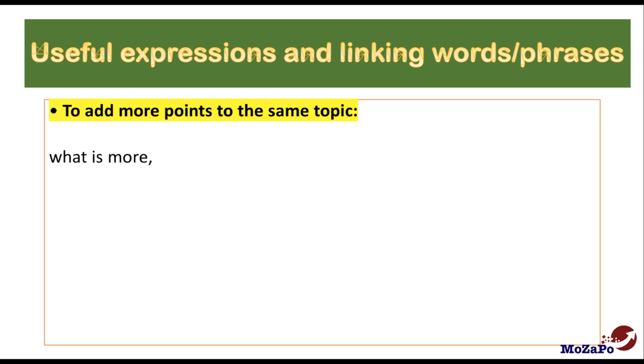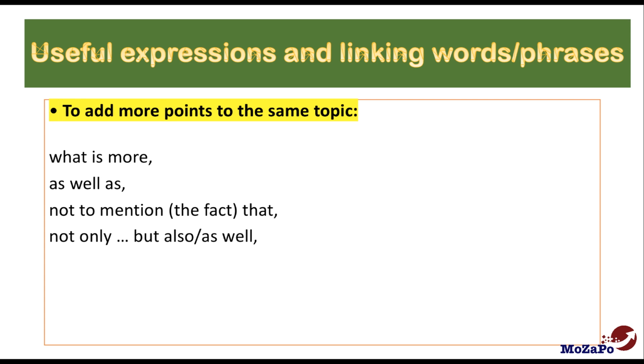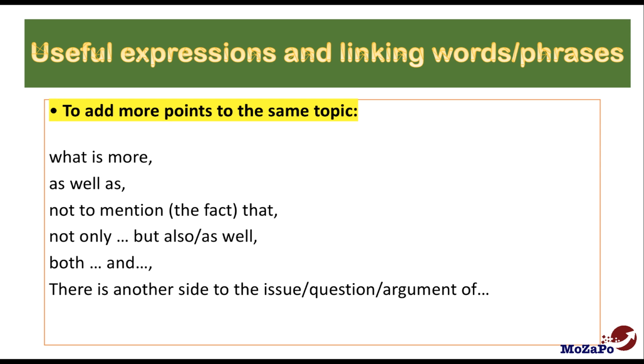To add more points, again here, some other alternatives, what is more, as well as, not to mention the fact that, not only, but also, both X and Y. You can use them to add more details and more points to the same topic. Or here, there's another side to the issue, there's another question, another argument of, and so on.